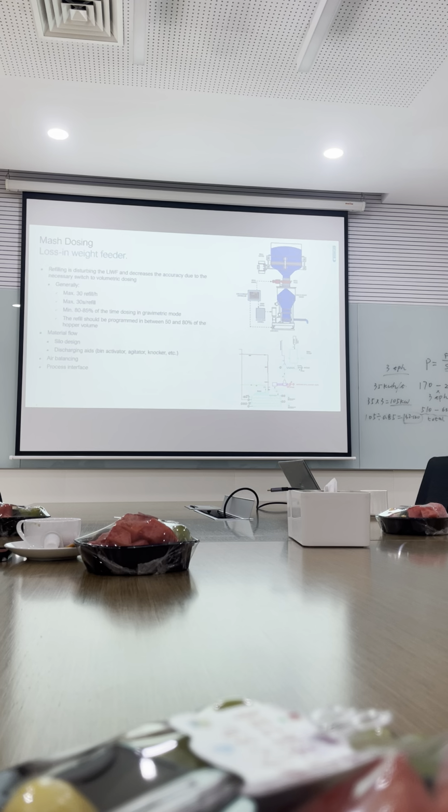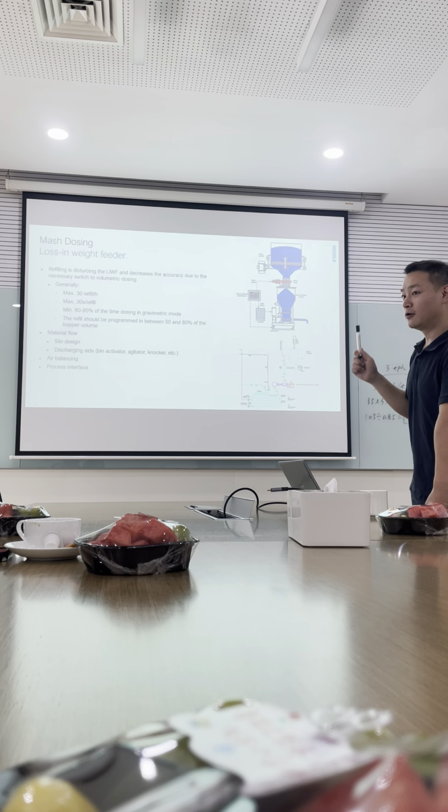When we do the refilling, it will have a disturbance on the scale. So that's why we need to control the refilling times, to limit the refilling times as low as possible. This is for the professional scale loss-in-weight suppliers.